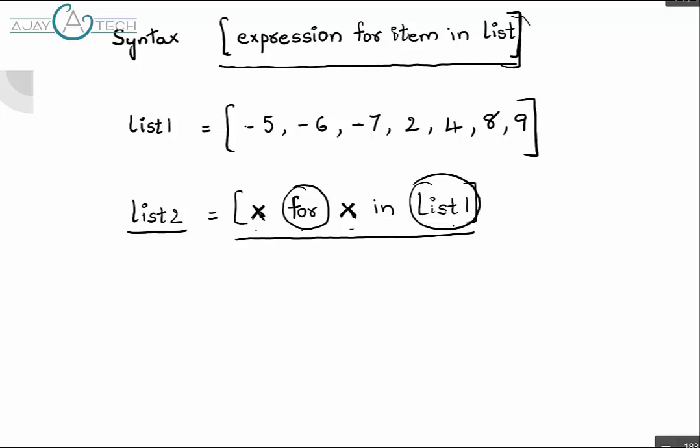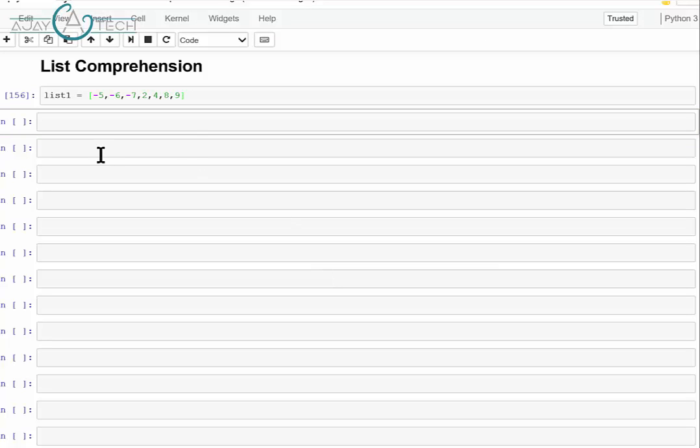So we will see this in Jupyter Notebook. So here I have defined list 1. Now I'm going to create list 2, which is an exact copy of list 1, by using the list comprehension.